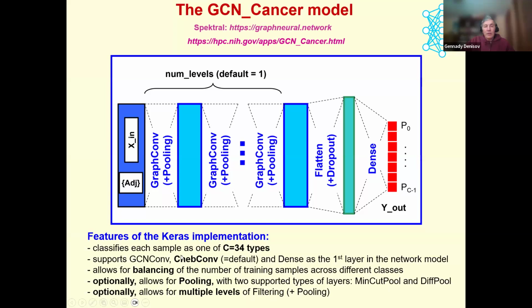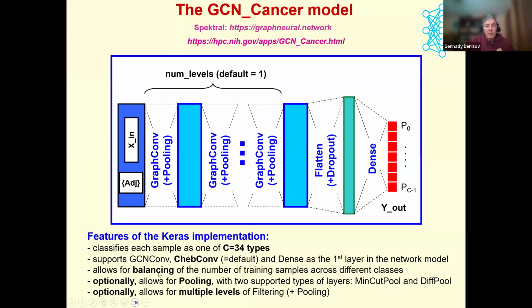The second difference is that in addition to the GCN conv layer, we also consider Chebyshev convolution layer and dense layer as alternatives. But Chebyshev convolution is used as default because it works better on the data of the biological example than any other layers.